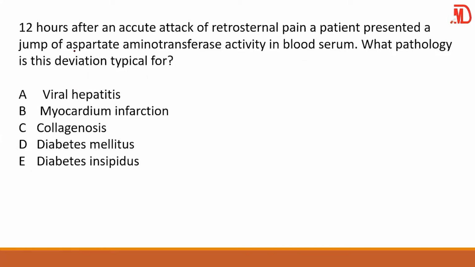We have a patient 12 hours after an acute attack of retrosternal pain. When we say retrosternal pain, it probably has to come from the heart, where you feel that there's pain behind your sternal bone, or in the middle of your chest. They are saying that this person presented with an increase in aspartate aminotransferase activity.